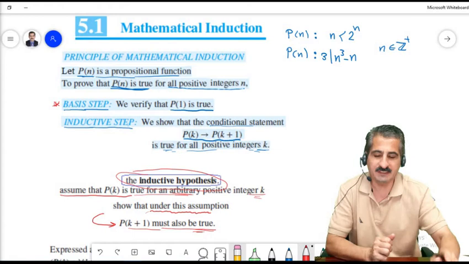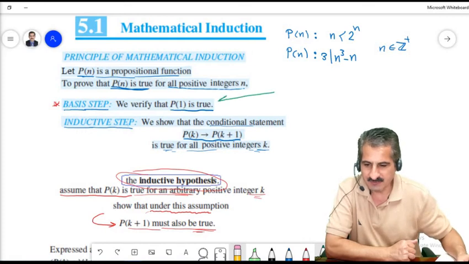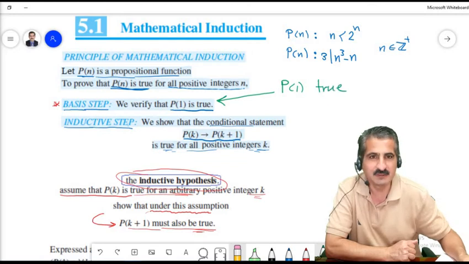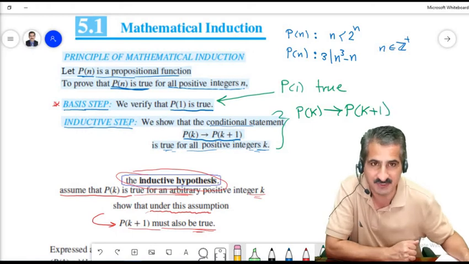So the idea is the following, and I would like to demonstrate it again. Here we are saying that the statement P(1) is true. And here we are saying that having the statement true at some integer k gives that the statement is also true at the integer that comes after k, which is k+1.